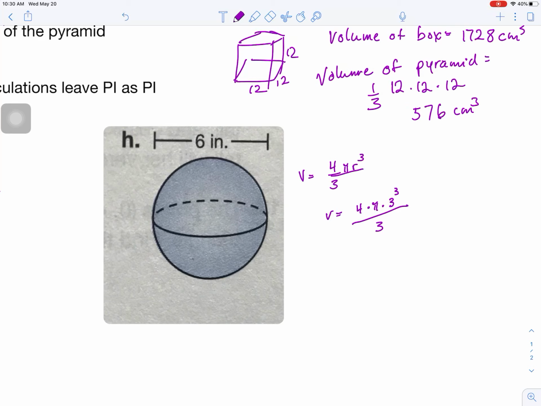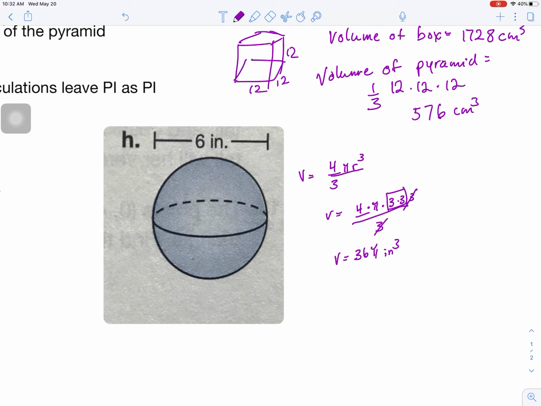Since 3 cubed is the same as 3 times 3 times 3, we cross those out, and we wind up getting 9 times 4, so the volume equals 36 pi inches cubed.